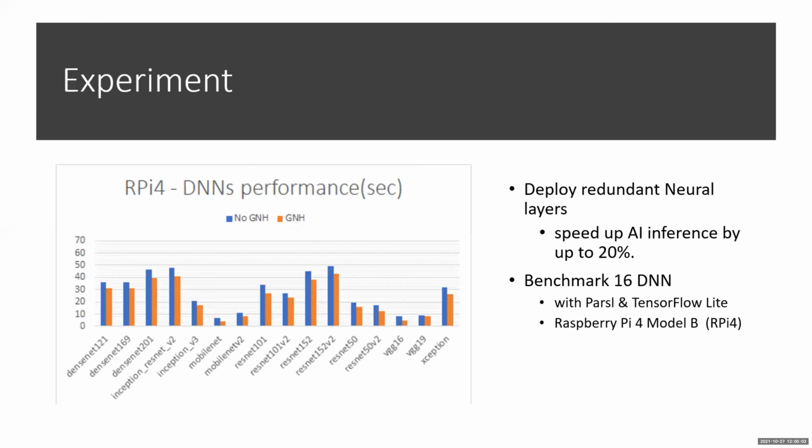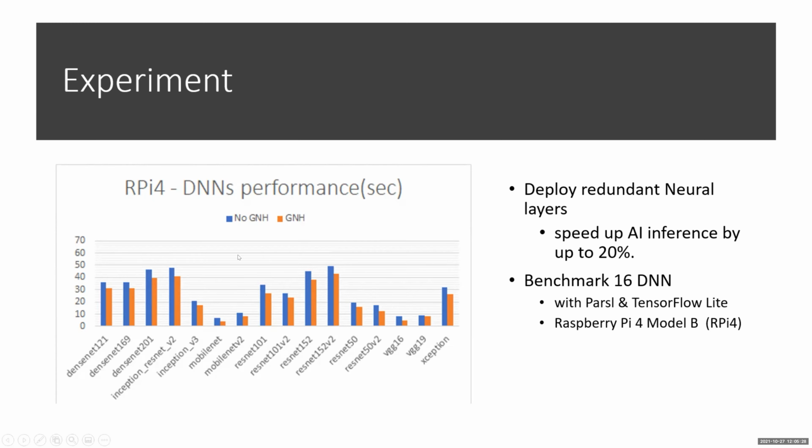We ran a simple experiment with only Raspberry Pis without the cloud. It is Raspberry Pi 4, and we tested it with 16 well-known deep neural network models, such as MobileNet and ResNet, version 1 and version 2 also.